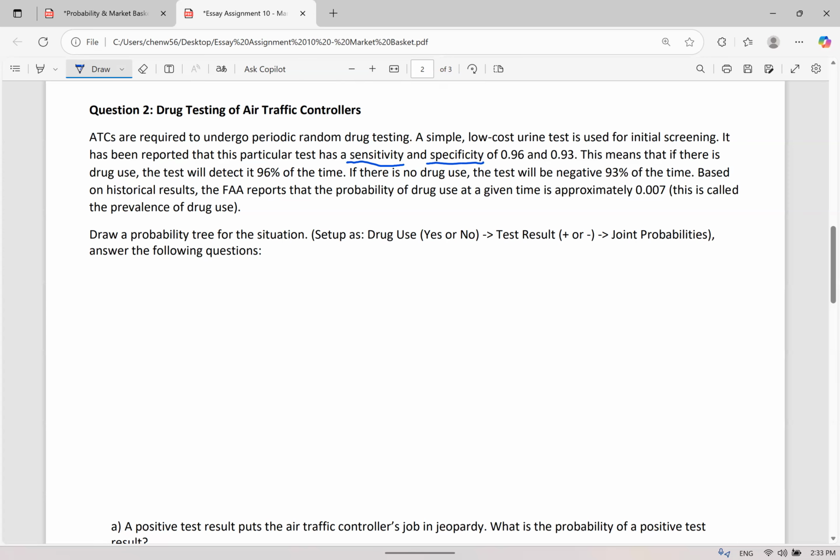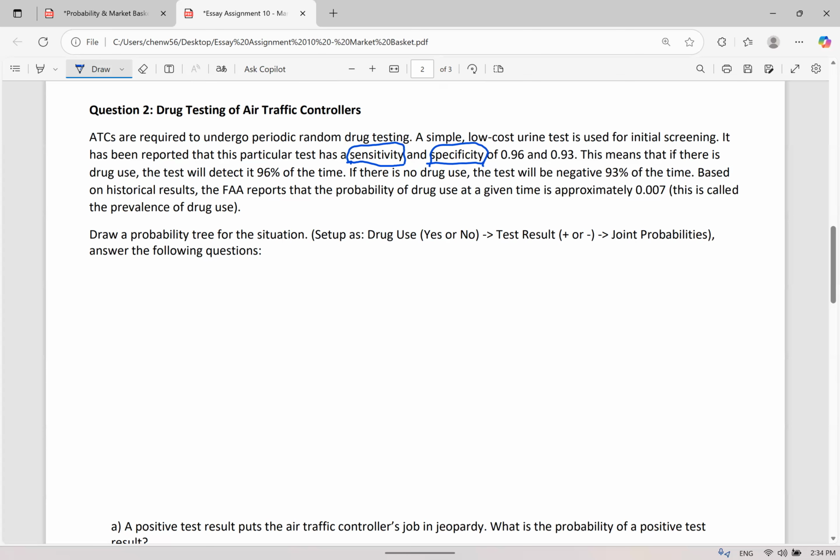Okay, so now let's look at this example. ATCs are required to undergo a kind of drug test. A simple low-cost urine test is used for initial screening. It has been reported that this particular test has a sensitivity and specificity of 0.96 and 0.93. Now we are trying to explain what sensitivity and specificity mean.